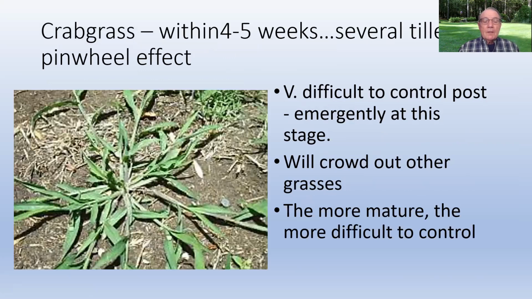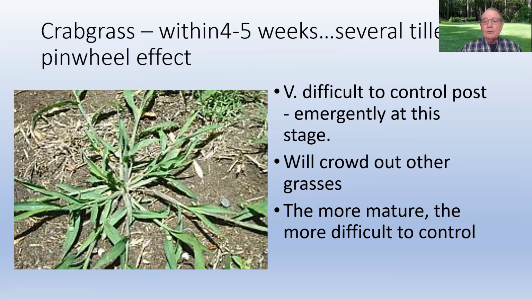Remember, okay, 4 to 5 weeks after that crabgrass germinates, the crabgrass is going to begin to grow very rapidly. Within 4 to 5 weeks, the crabgrass will look like what you see here, with the tillers spreading out very aggressively into what's referred to as a pinwheel effect. At this stage of the game, it becomes much more difficult to control this crabgrass post-emergently.